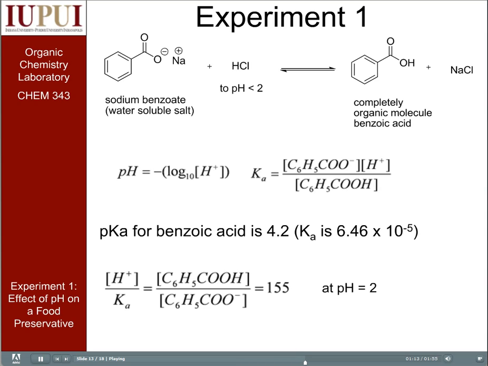So if we plug in those values for the numbers you see below, we end up with a ratio of C6H5COOH, so that's the product, benzoic acid, and then on the bottom is sodium benzoate. So our ratio is 155 to 1. So for every 155 molecules of product, there's going to be 1 molecule of sodium benzoate starting material left over. So at a pH of 2, we can see that the equilibrium definitely lies very far to the right.